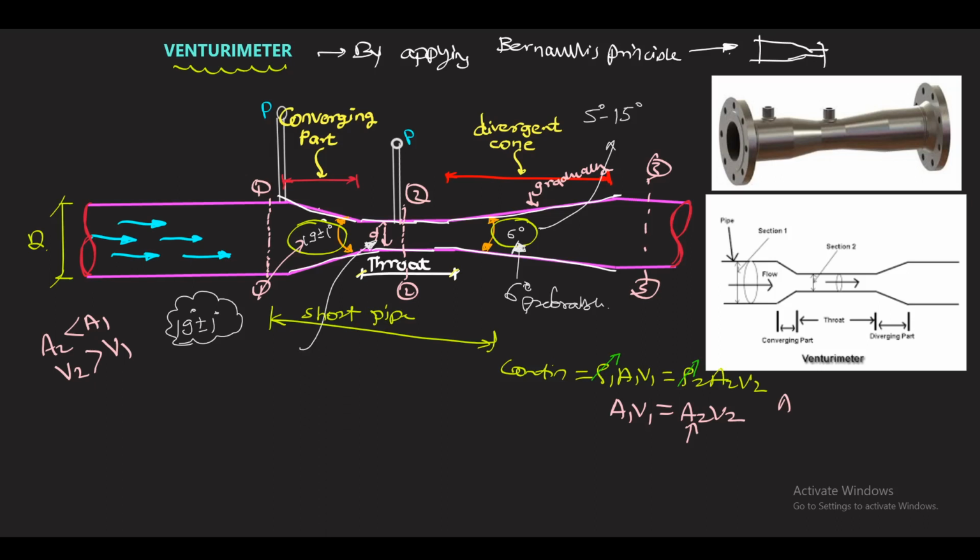Why? Because if I reduce this diameter to such a low value, then what happens?